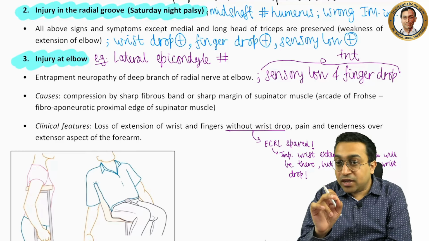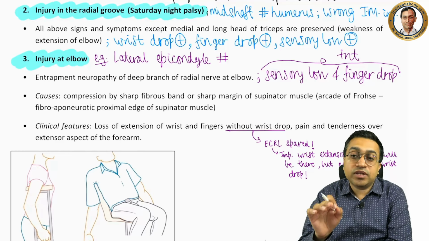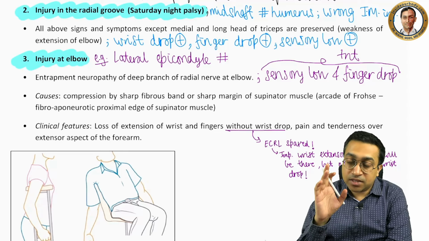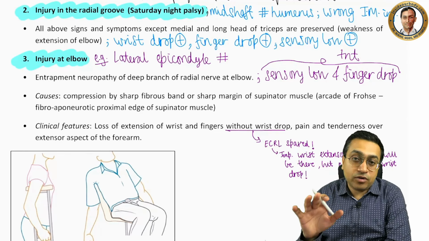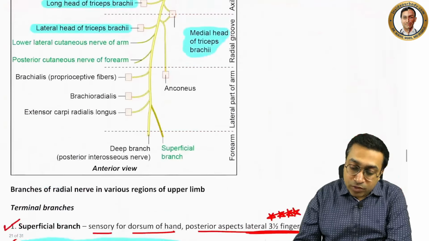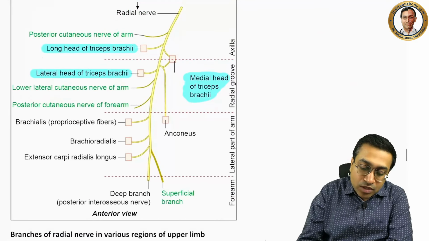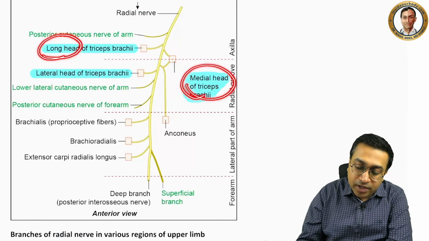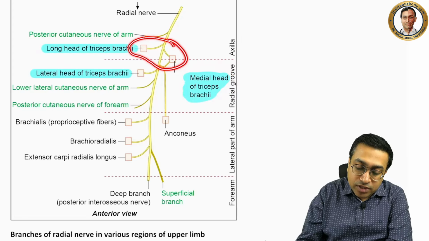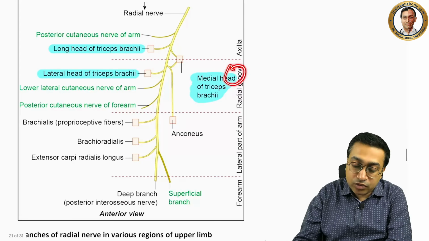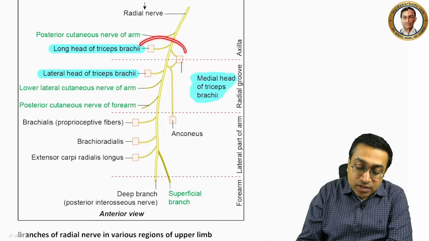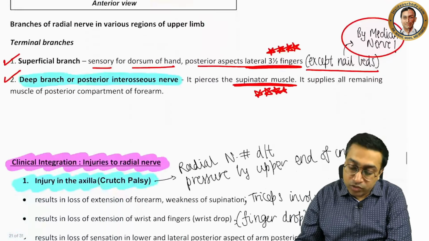The supply to the medial and long head of the triceps is a little bit above, so it will be spared. If you remember, you can see this diagram, the supply to the long head and medial head is above the radial groove. This is the radial groove, and this is the axilla. So these two will be spared, and only the lateral head will be involved.